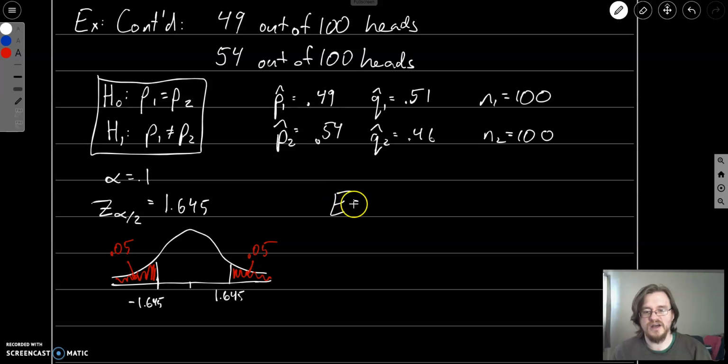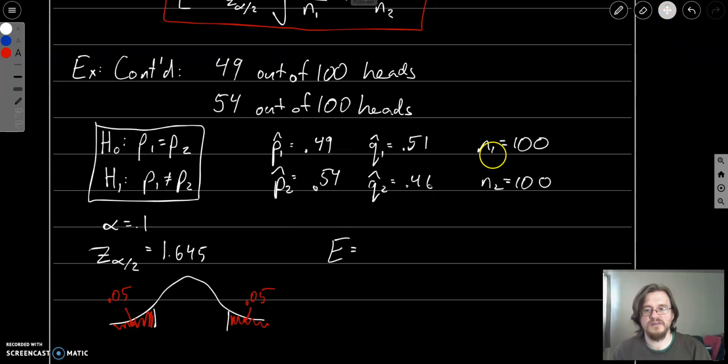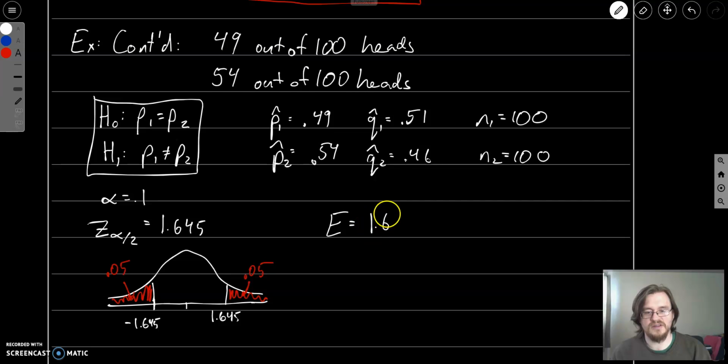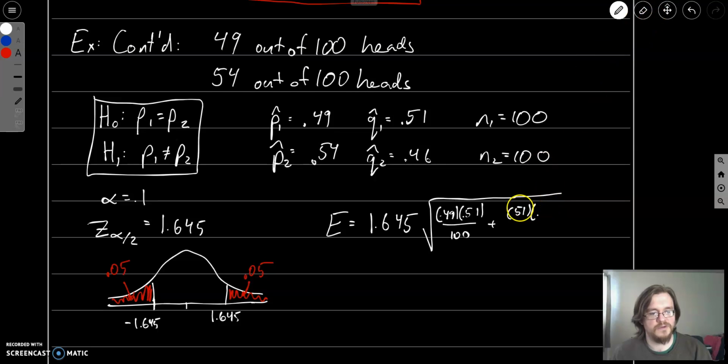So our error, which we have the formula up here, is going to be 1.645, that's z, times the square root of 0.49 times 0.51 all divided by 100, plus 0.54 for the second p-value, the second probability of success, times 0.46, the second probability of failure, all divided by 100.